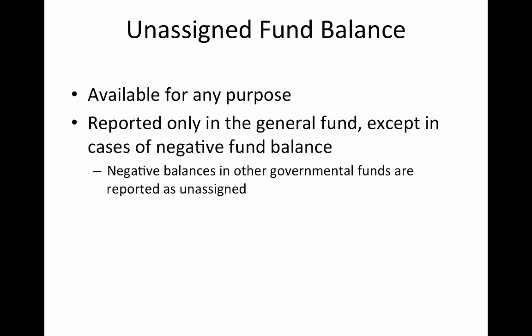They couldn't have come from one of the other funds, because those resources can only be used for those purposes. So they must have come out of the unassigned resources that were available in the general fund.